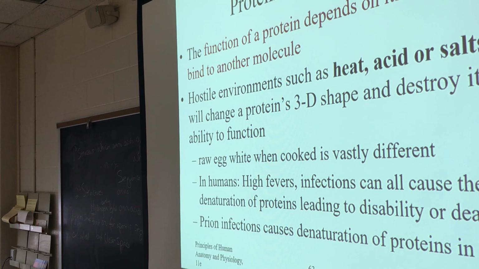What happened? At 107, 108 degrees, the proteins in your brain start to denature. As they start to denature, the proteins that help it reshape are also lost and denatured. He went to a comatose state immediately, had seizures, and he died as a result of this. So high fevers can cause denaturation of the proteins in the brain.